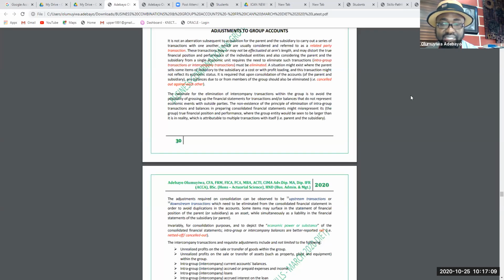Likewise, the subsidiary is a separate legal entity. It is from the economic substance and the financial reality perspective that financial reporting requirements consolidate them as a group, which means to be seen as one.